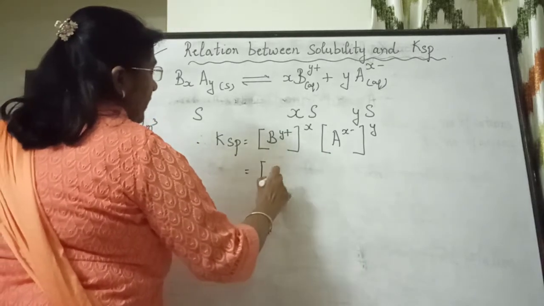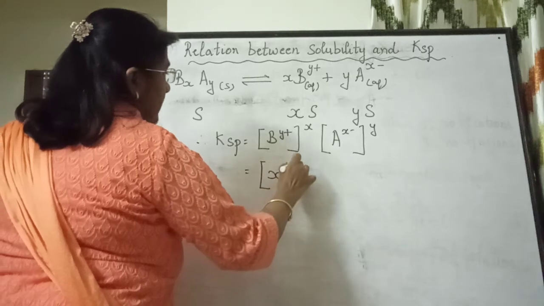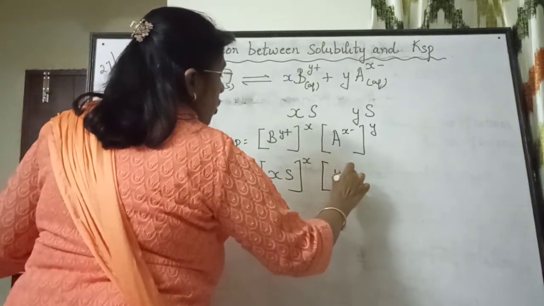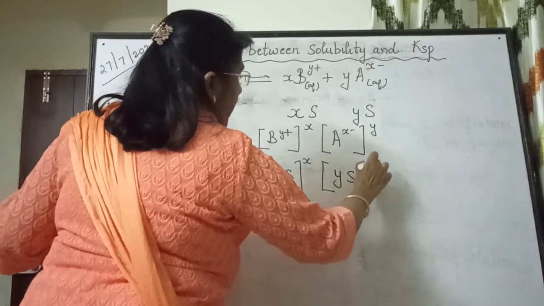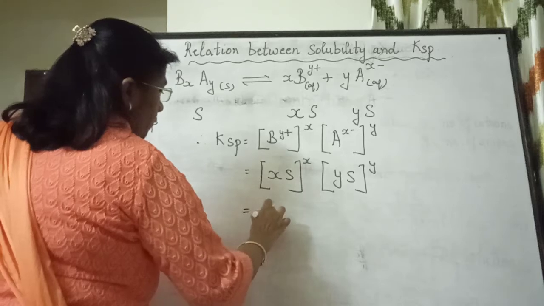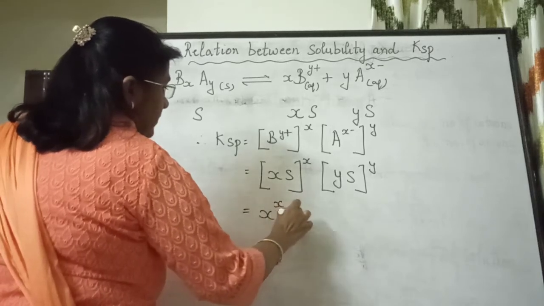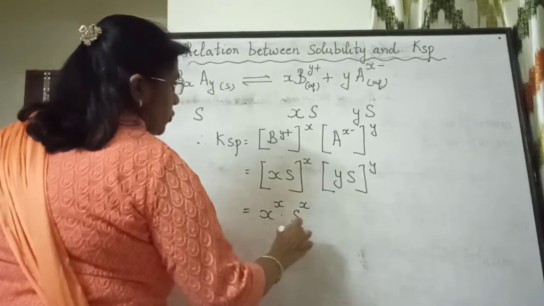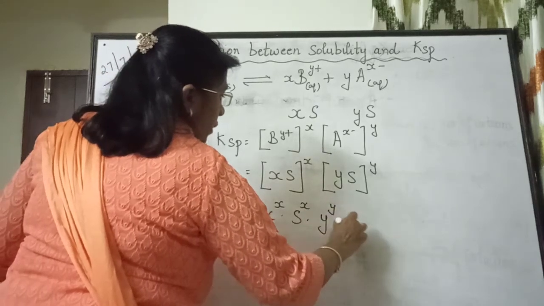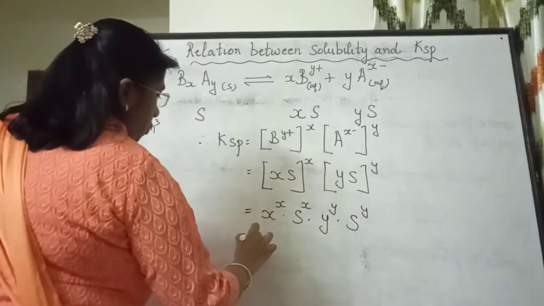You get xS raised to x into yS raised to y, which is equal to x raised to x into S raised to x into y raised to y into S raised to y.